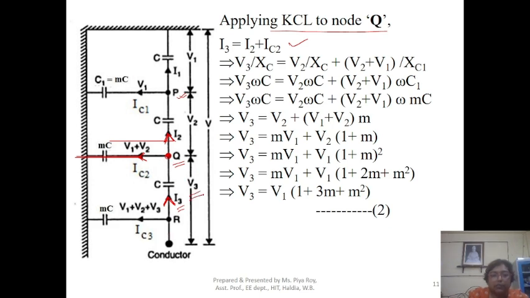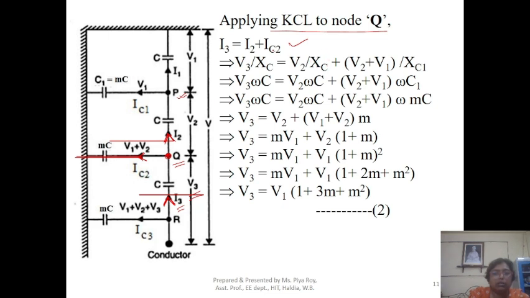V3 divided by its reactance, that is nothing but XC, and we'll replace the XC by its actual value in terms of capacitance, equal to V2 divided by XC.